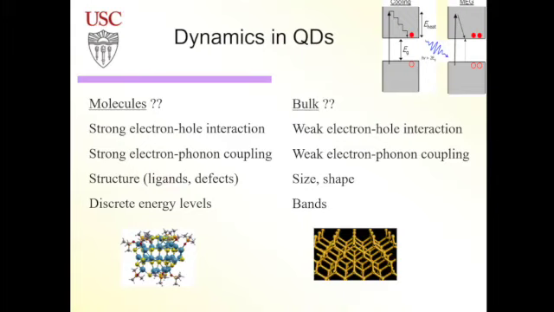Also, electron hole interactions: in chemistry, you don't even talk about electrons and holes. You have electronic states that are correlated, because electrons and holes are close to each other and Coulomb interactions are very strong. But in bulk semiconductors, electrons and holes are far apart. The dielectric constant is large, so there's screening of the Coulomb interaction, and the Coulomb interactions are weak.